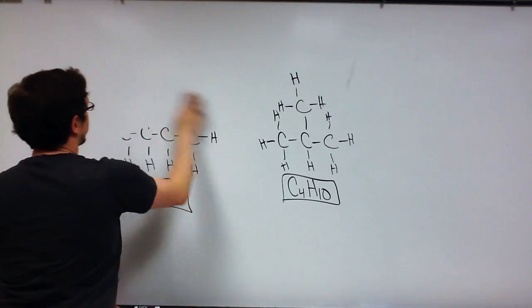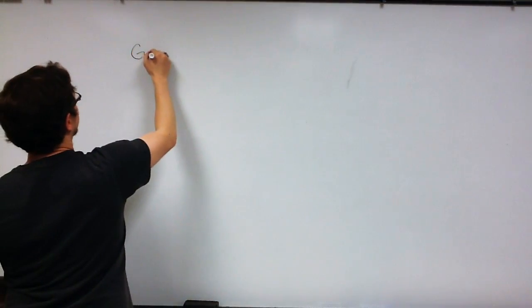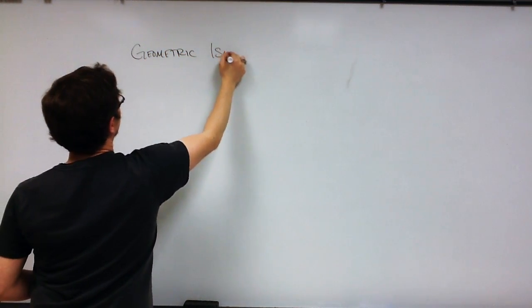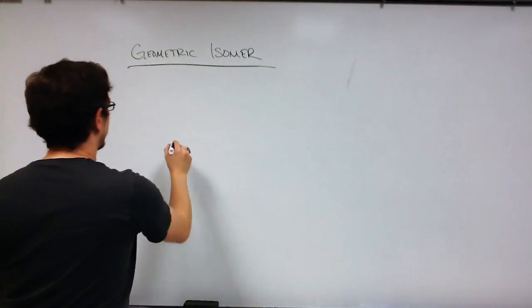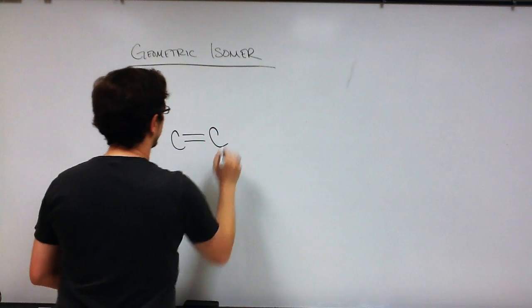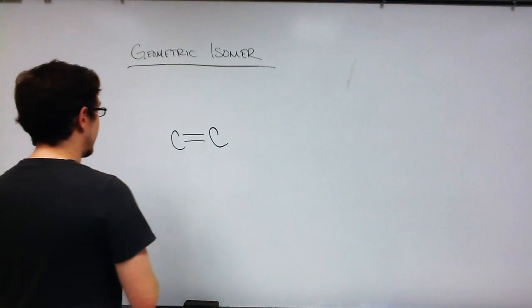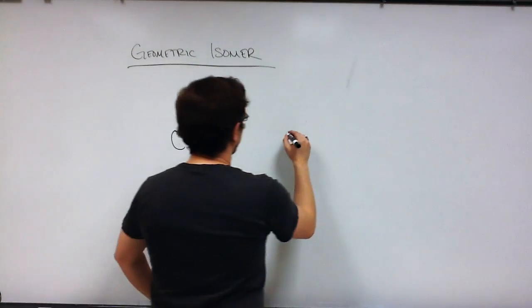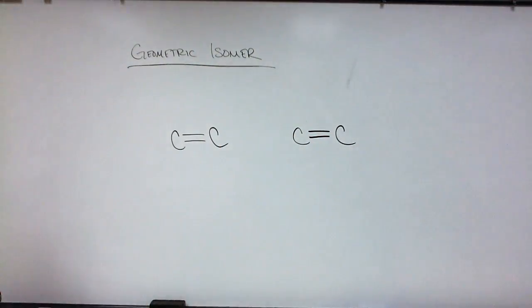Now let's talk the cis-trans geometric isomers. So the defining characteristic of a geometric isomer is going to be a carbon-carbon double bond. So you're looking for 2 carbons that have a double bond with one another. And what you're going to look at is the arrangement of these atoms around that double bond.